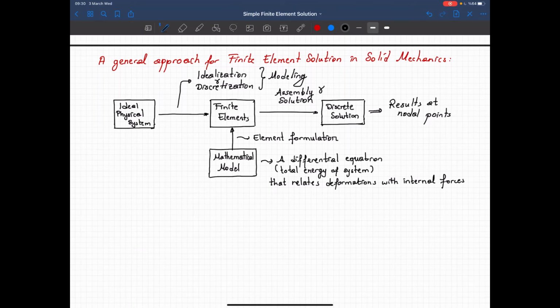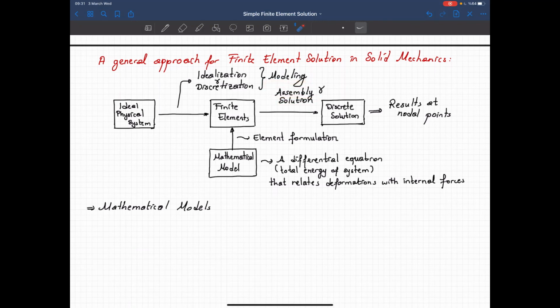Now, what we are going to discuss next is we start from the mathematical models. We start from here because in the previous structural analysis courses, we really talked about the modeling, we talked about the assembly and the solution of the system.